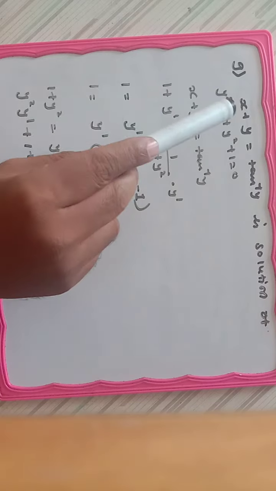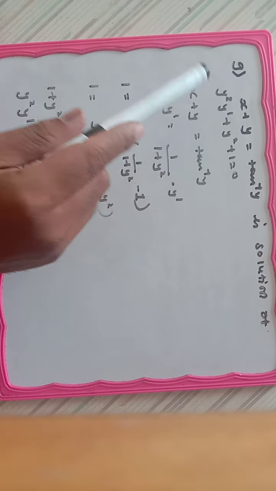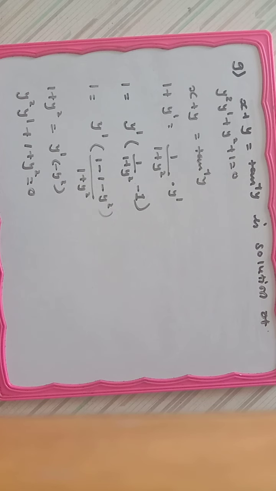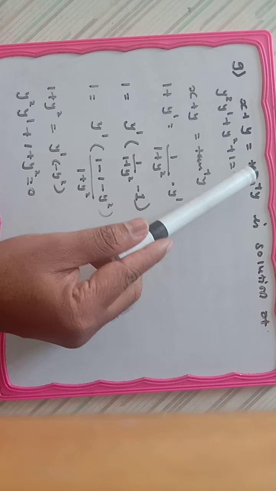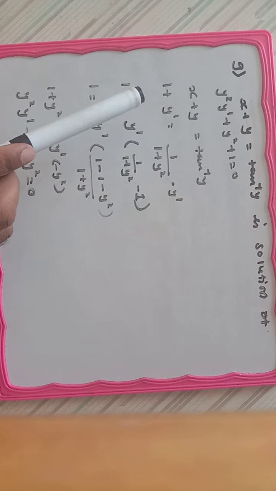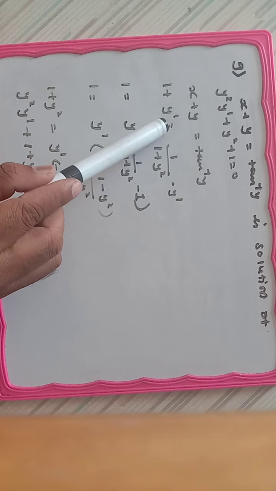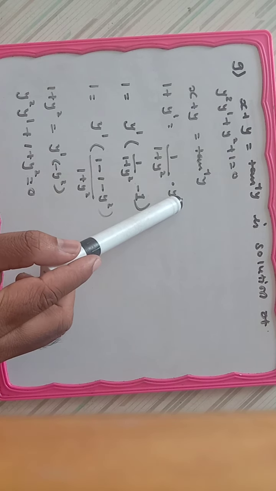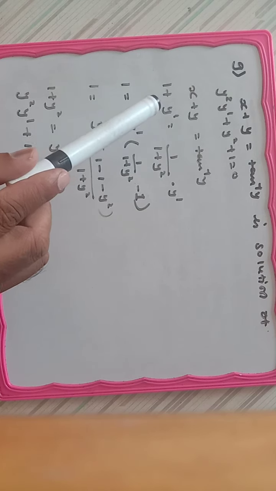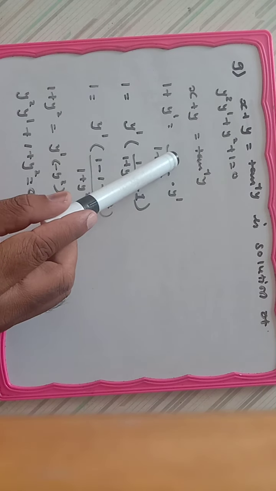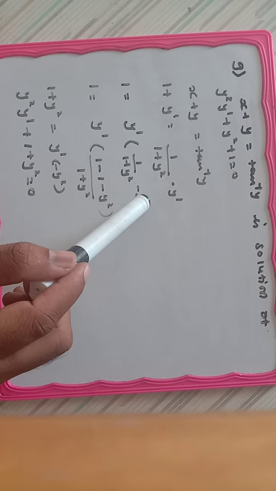9th question: we have x plus y equals tan inverse y is a solution of y square y' plus y square plus 1 equals 0. So we are given x plus y equals tan inverse y, and we differentiate with respect to x, then 1 plus y' equals 1 upon 1 plus y square times y'. So we take the 1 plus y square on y' to this side, then y' common, 1 upon 1 plus y square minus 1.